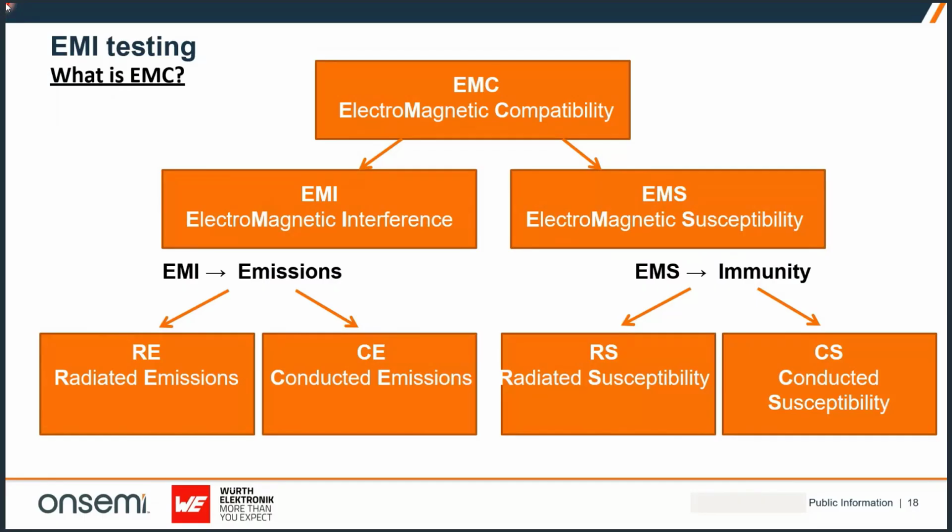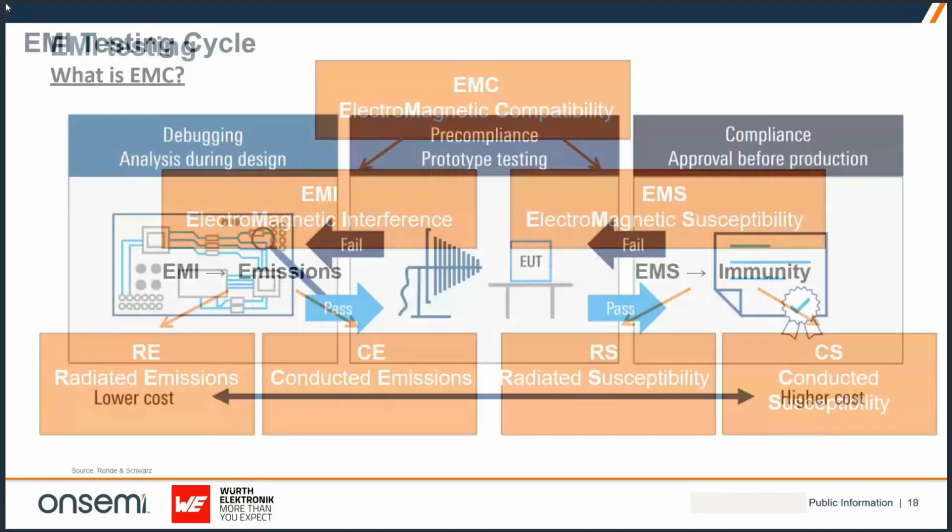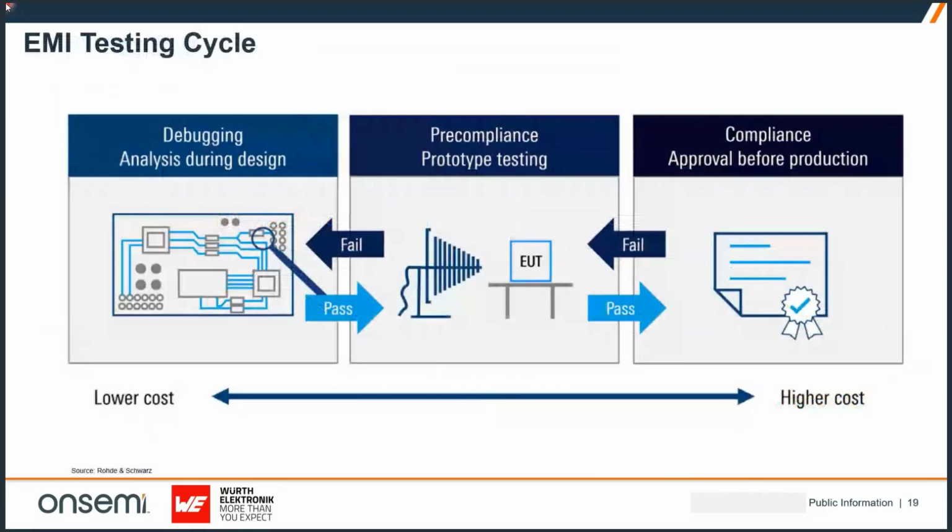Taking a look at the EMI testing cycle, of course, we see that while we are doing our design, we have the lowest cost. So it's always good while doing the PCB design that we think about EMC or EMI, and that we design in some filter components. Even if it's redundant at some point, it wouldn't be a huge problem to remove it afterwards.